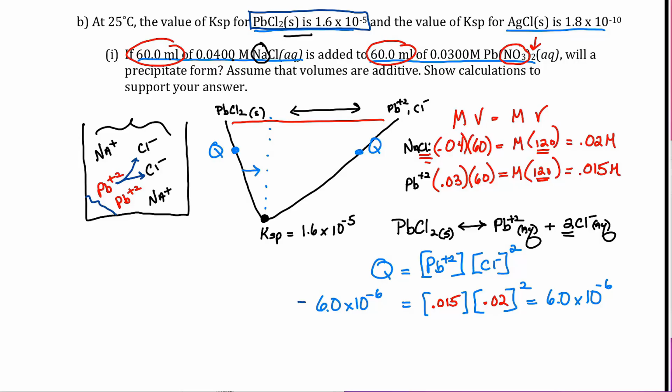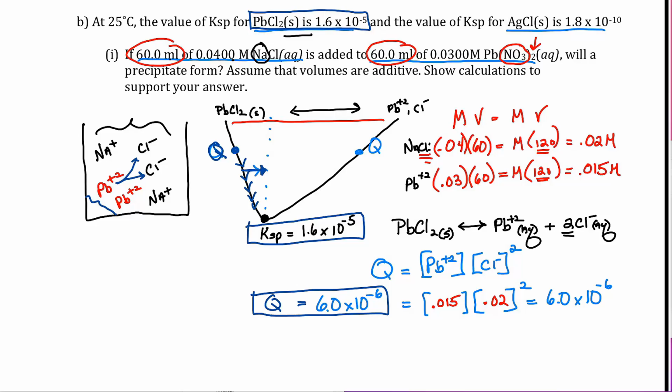We've got our Q smaller than our K. And therefore, if I'm smaller, that would mean my Q is in this position. And what is it doing? It is working toward equilibrium and moving forward.